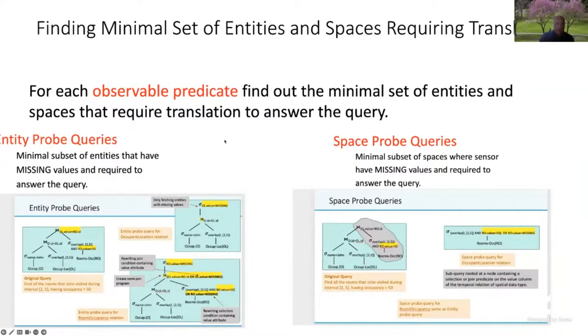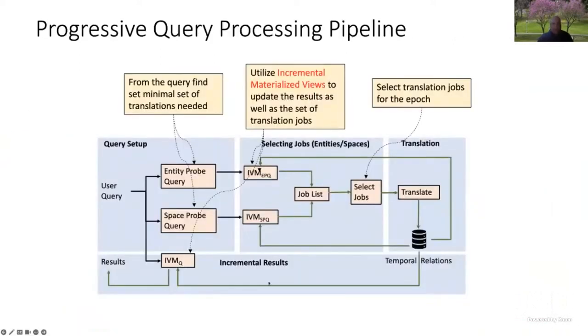Once we have these probe queries identified, we exploit incremental view maintenance technology to set up the query execution and also the execution of the probe queries, to most effectively execute the query in a progressive fashion. The details again are complicated and I will not have time to go into them, but you can look at the website and also the papers associated with the system.